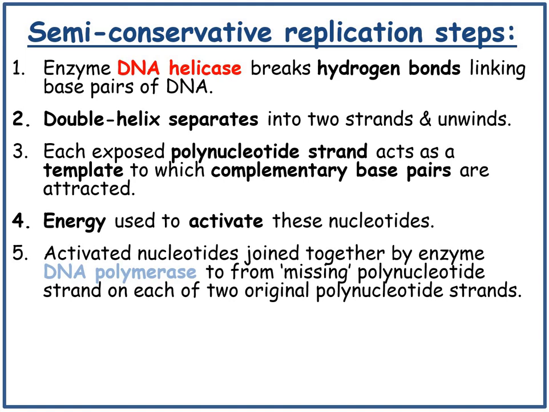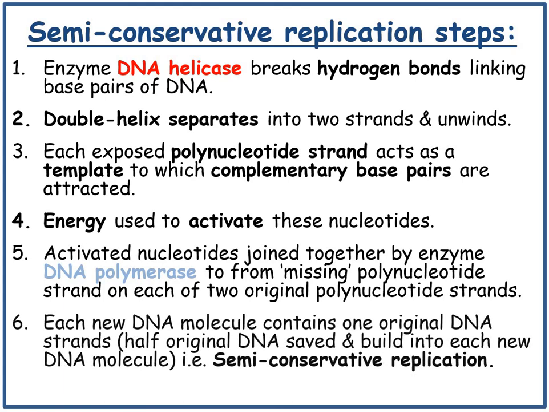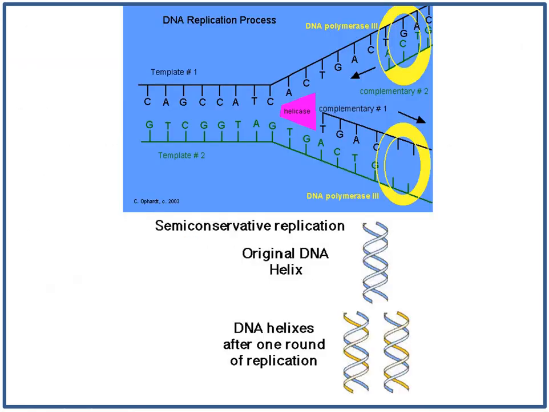Activated nucleotides are joined together by the enzyme DNA polymerase to form the missing polynucleotide strands on each of the two original polynucleotide strands. Each new DNA molecule contains one original DNA strand, half the original DNA saved and built into each new DNA molecule. So it's semi-conservative replication.